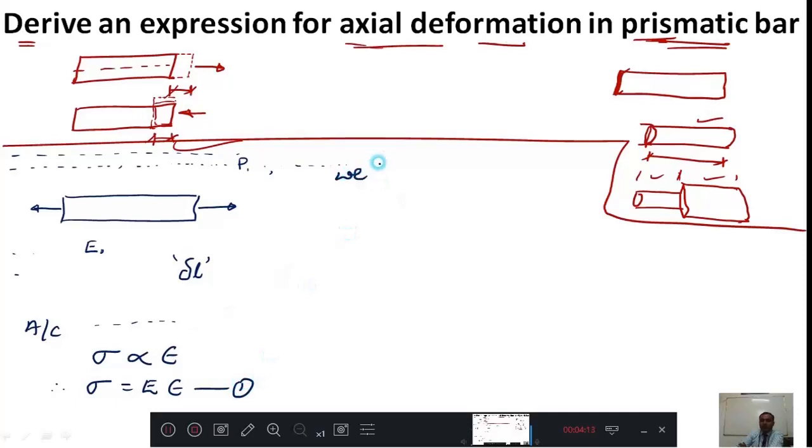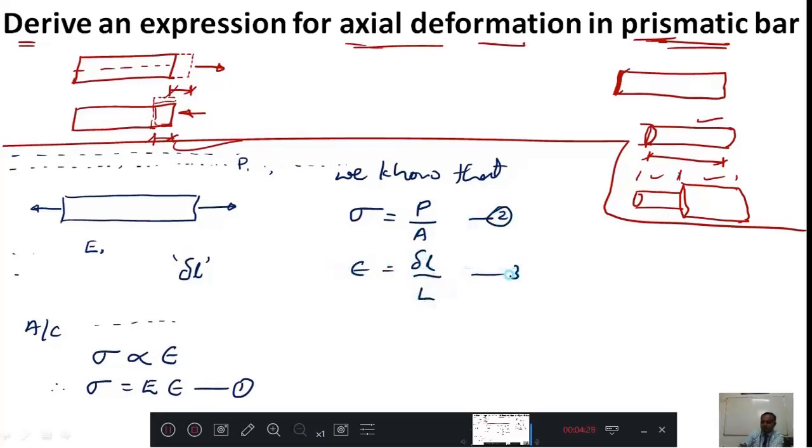Now we know that stress is equal to force divided by area, call it equation number 2, and strain is equal to change in length to the original length, call it equation number 3. Now substituting 2 and 3 in 1, what you will get?